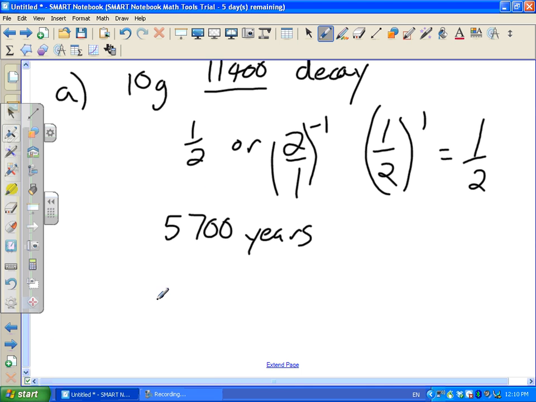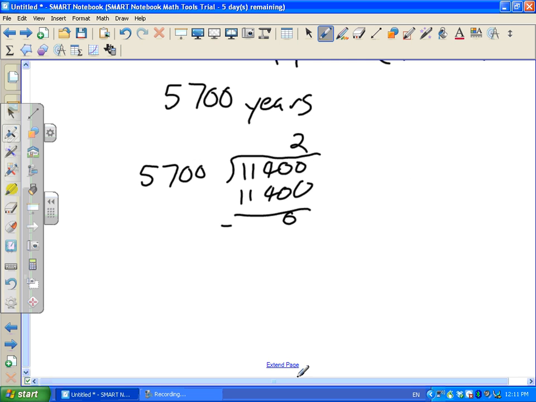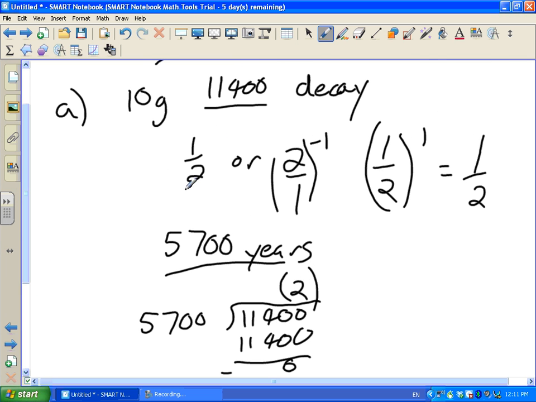That's right, I divide 5,700 into 11,400. I'm just going to let you know that the answer is 2. Goes in twice, no remainder. So we know there are 2 cycles of this 5,700 years, so there are 2 cycles of this rate of decay of a half, or 2 to the negative 1.